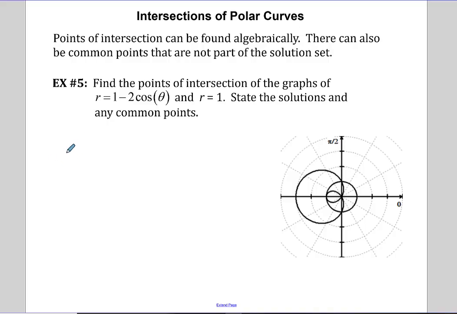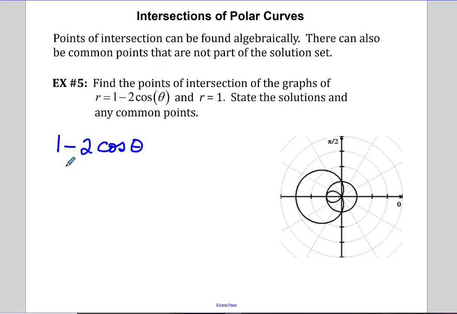And then our last couple of examples, we are looking at points of intersection. You can find those algebraically. So again, if we have 1 minus 2 cosine theta, and you have r equals 1. We know here's the graph of 1 minus 2 cosine theta, and r equals 1.